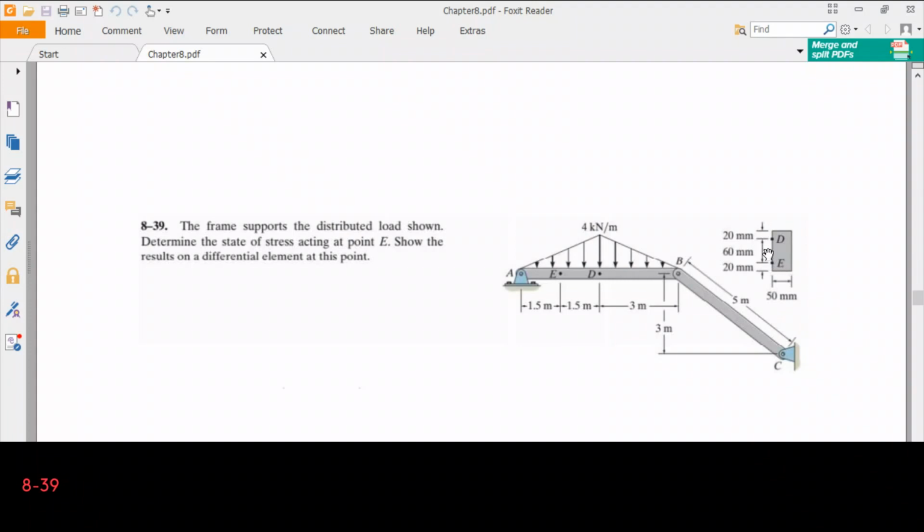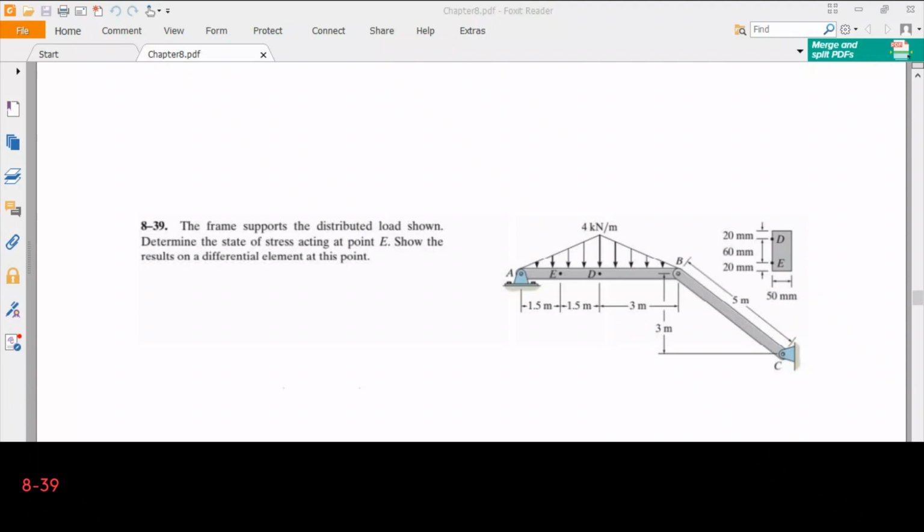It has a rectangular cross section. The members have a rectangular cross section, and in fact we are asked for the state of stress at point E. So let's write the forces acting on each member first. Let's draw the free body diagram of them. This will be the first step.